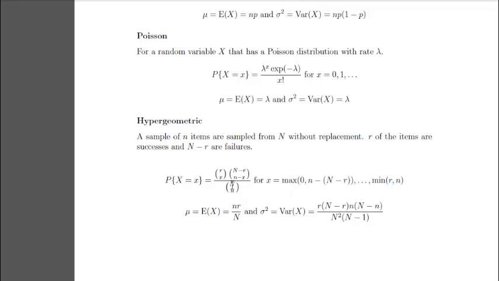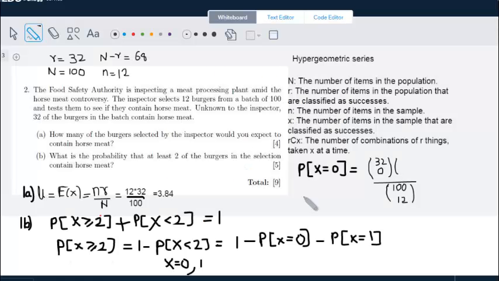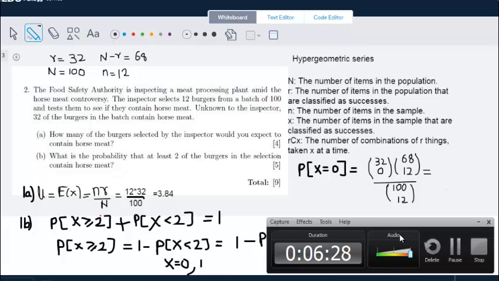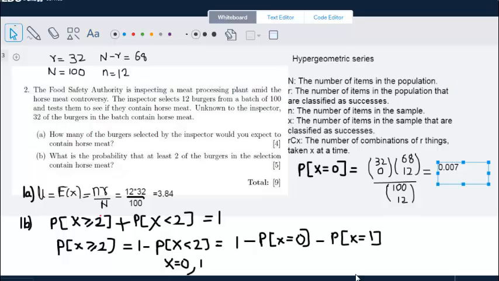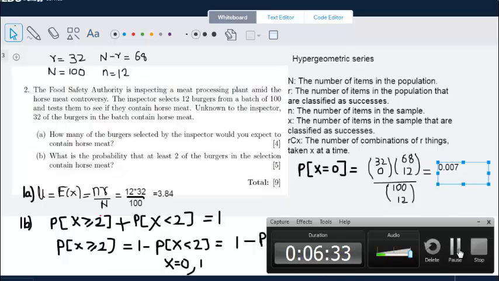Comparing in this formula, capital N is 100 and small n is 12. N minus r is 68, that is 100 minus 32, and n minus x is 12 minus 0, that would be 12 itself. Calculating this, I am getting 0.007.